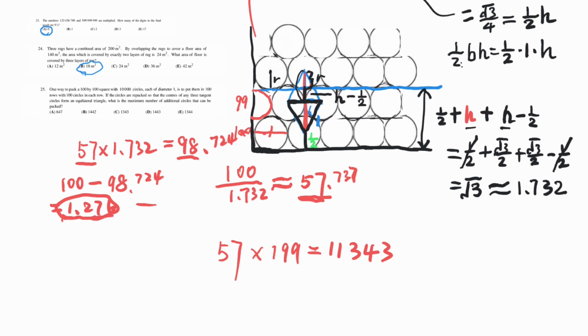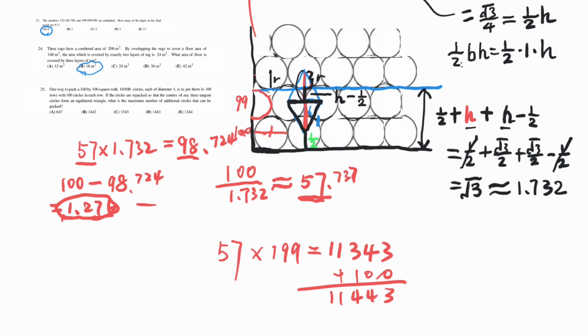But we have 1.27 units left on the top, so we can put one more row, which is another 100. Plus another 100, the total is 11,443. That's the repack.